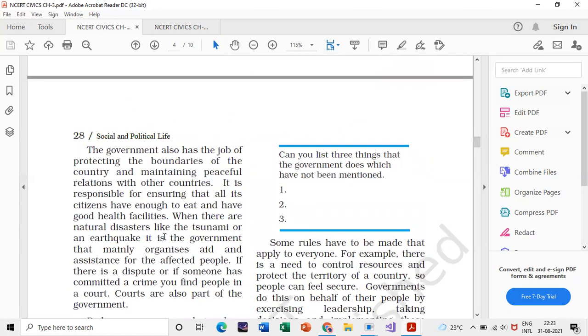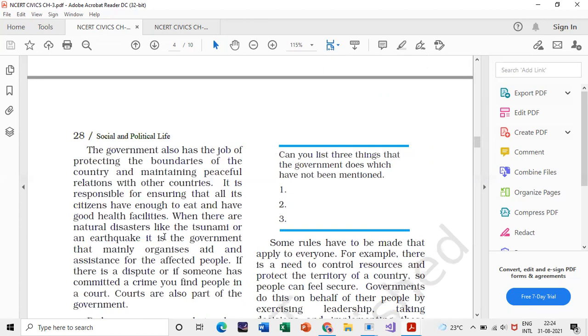You can make it a point: they protect the boundaries of the country, maintaining internal peace, maintaining food security, as well as addressing all types of health issues. And these are the functions of the government.